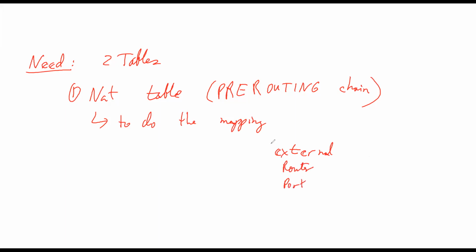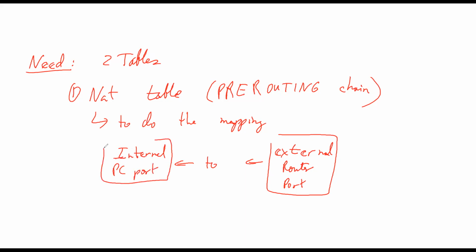It hits the external router port, and it goes through the router to an internal PC port. So that's basically the idea of how this would happen. That's one rule, and I'll show you how this rule can be done.